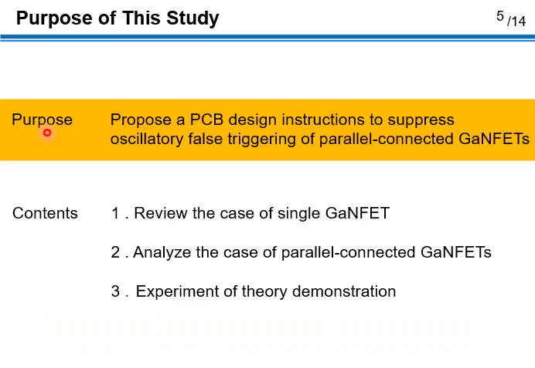The purpose of this study is to propose a PCB design instruction to suppress oscillatory false triggering of parallel connected GaN-FETs. First, I review the case of single GaN-FET. Second, I analyze the case of parallel connected GaN-FET. Finally, I will show an experimental result.